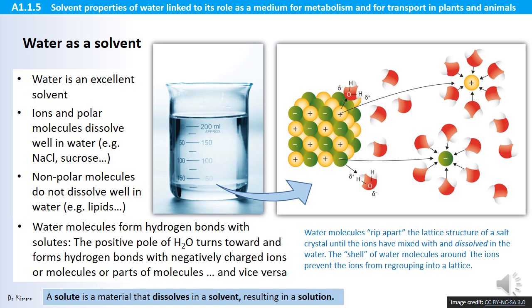You can see the hydrogen side turning towards the green circle, which would be chloride. And vice versa, which means that the positive ion, in this case sodium, the yellow circle, forms hydrogen bonds with the negative side of the water molecules, which is the oxygen side.